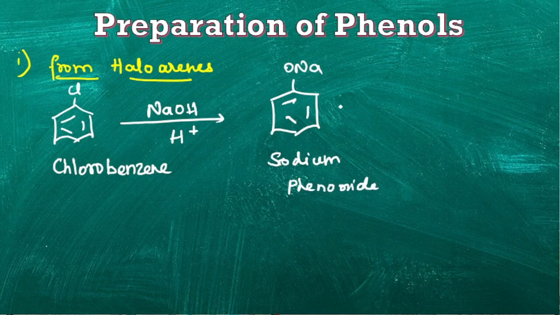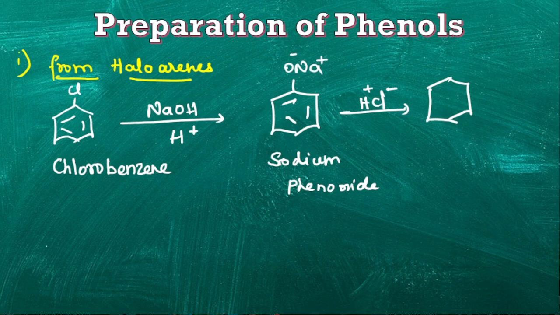Now I am going to react the equation with HCl. You see, this O is negatively charged, and the Na is positively charged. H is positively charged, Cl is negatively charged.